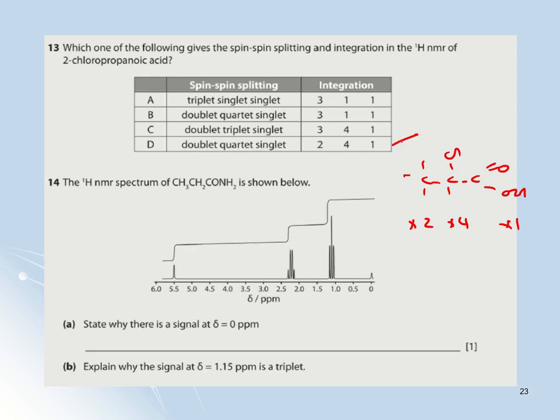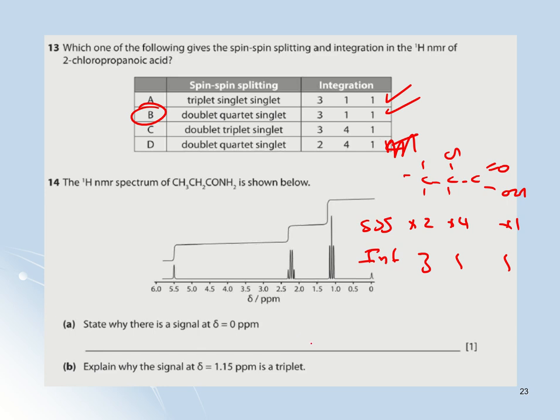No, sorry, splitting. Ignore that. That's spin-spin splitting. My integration is going to be a 3, a 1, and a 1. So my only two possible answers are those two, and in those two we're looking for a doublet, a quartet, and a singlet, so the answer has to be B.